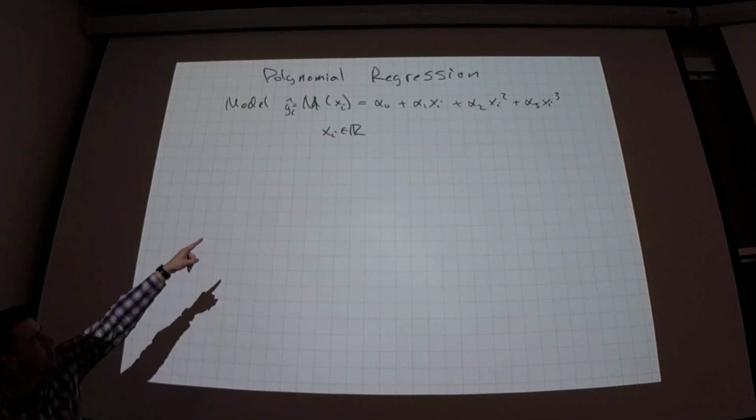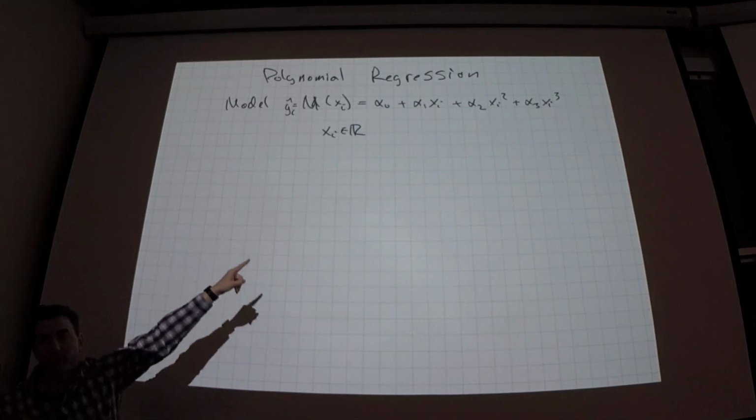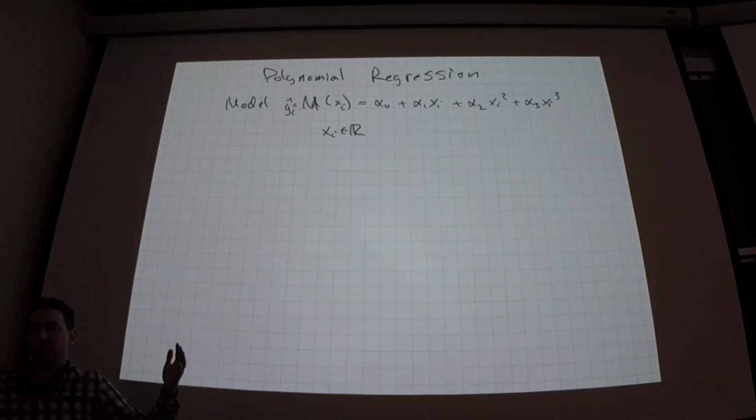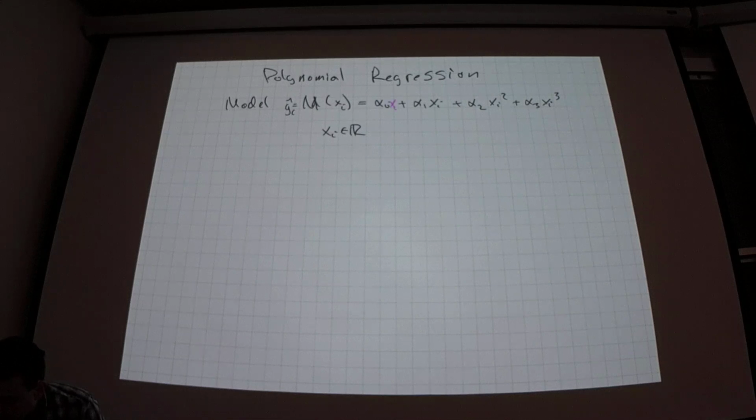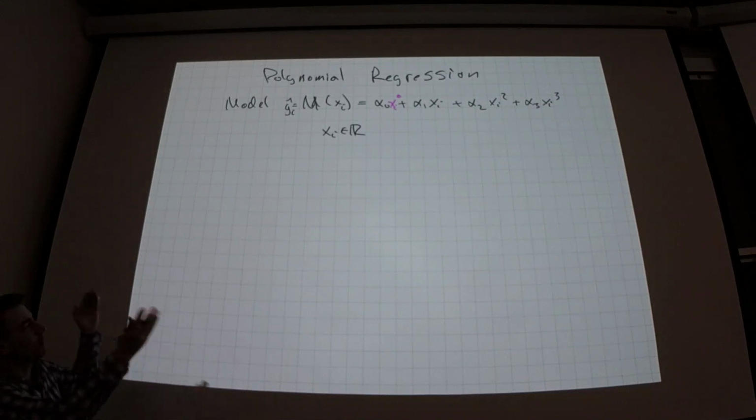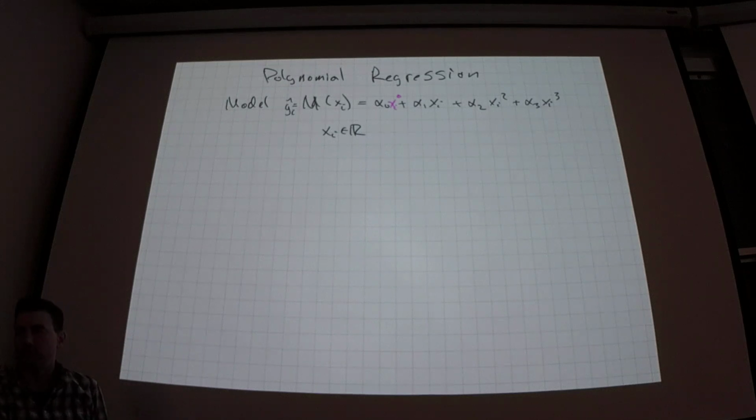But I still only have a limited number of coefficients. As many different powers as I consider, kind of implicitly, this is x_i to the power 0, which is always 1. So I have one coefficient for each of those powers.